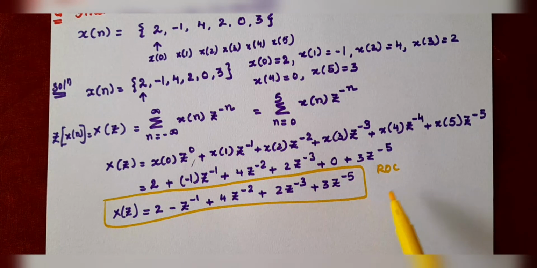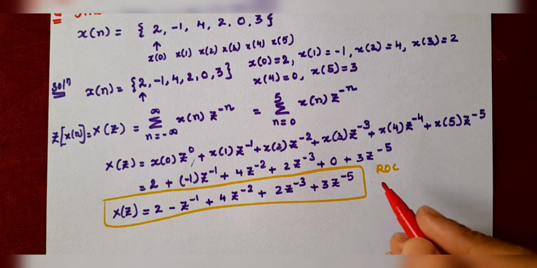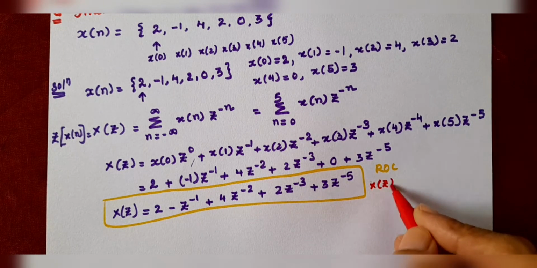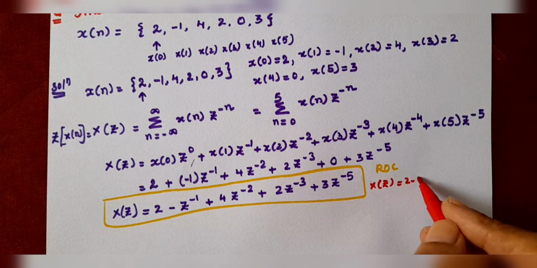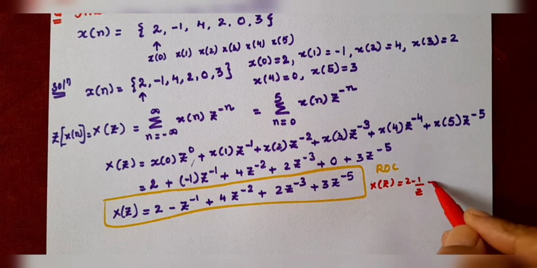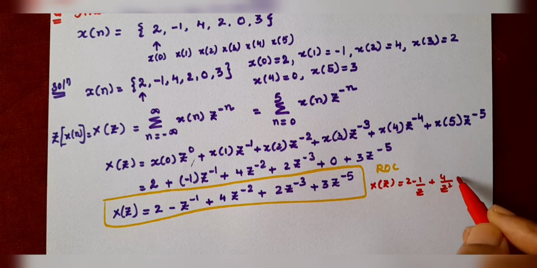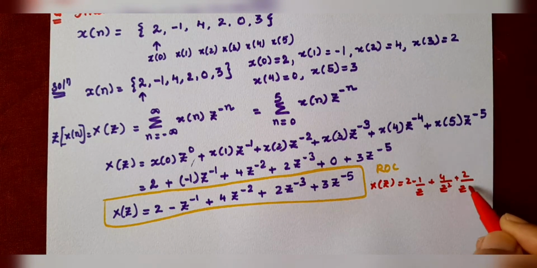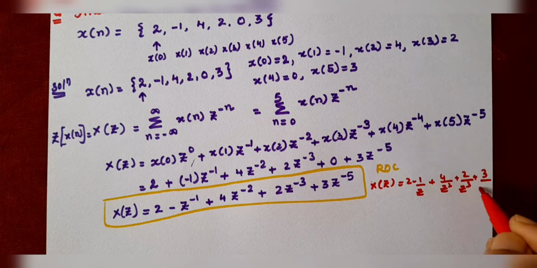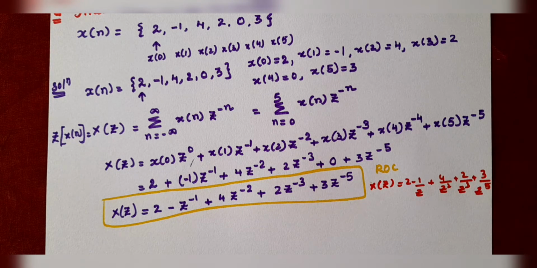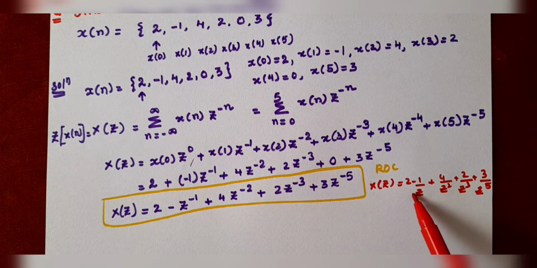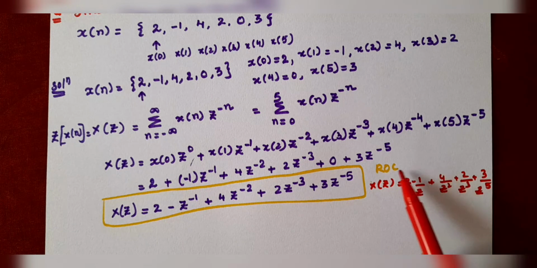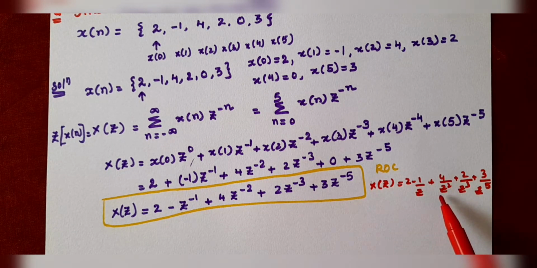So if you take this one, x of z can be written as 2 minus 1 by z plus 4 by z square plus 2 by z to the power 3 plus 3 by z to the power of 5. Okay, if you put here z is equal to 0, it will become infinite. Okay, for all other values x of z will be finite.